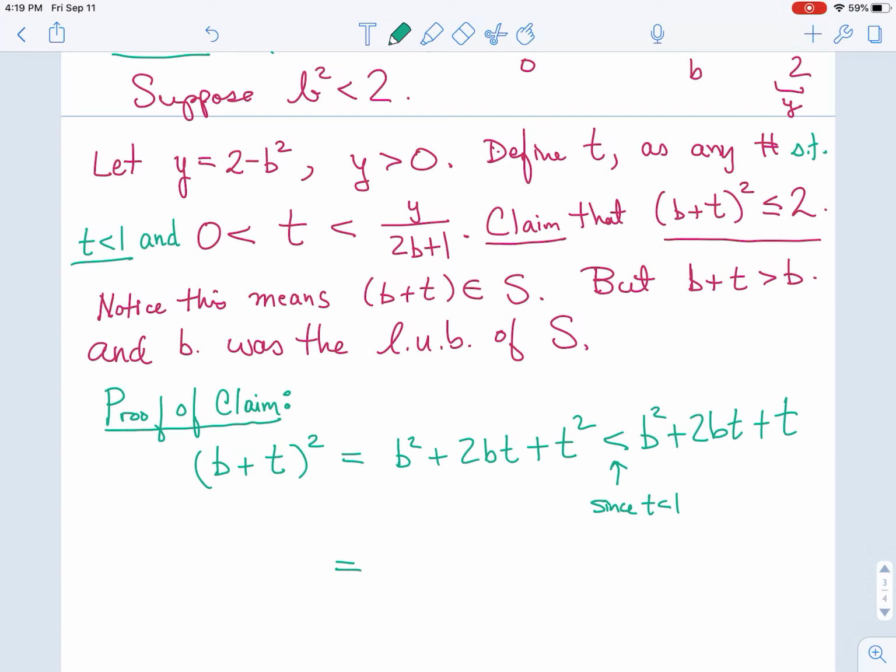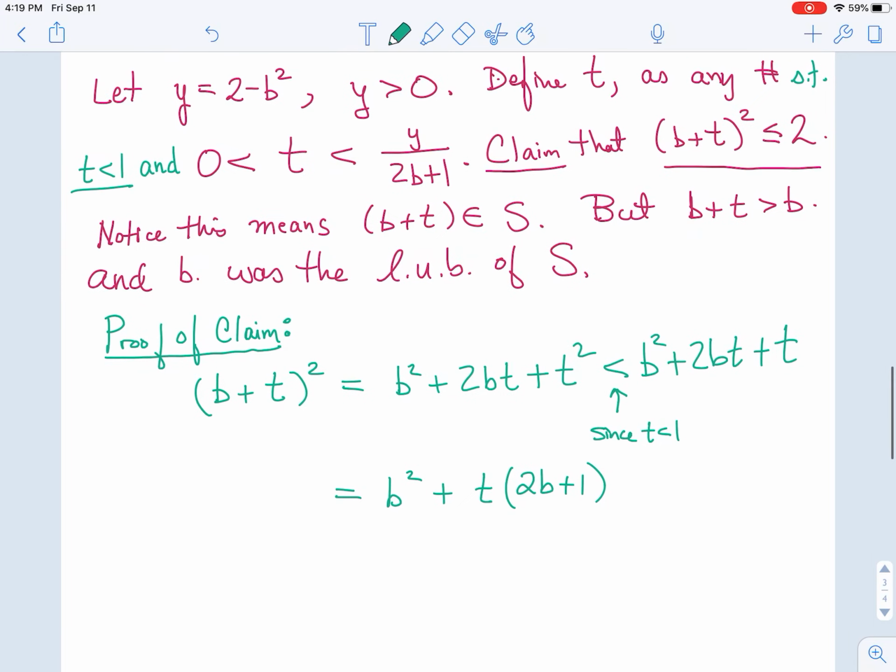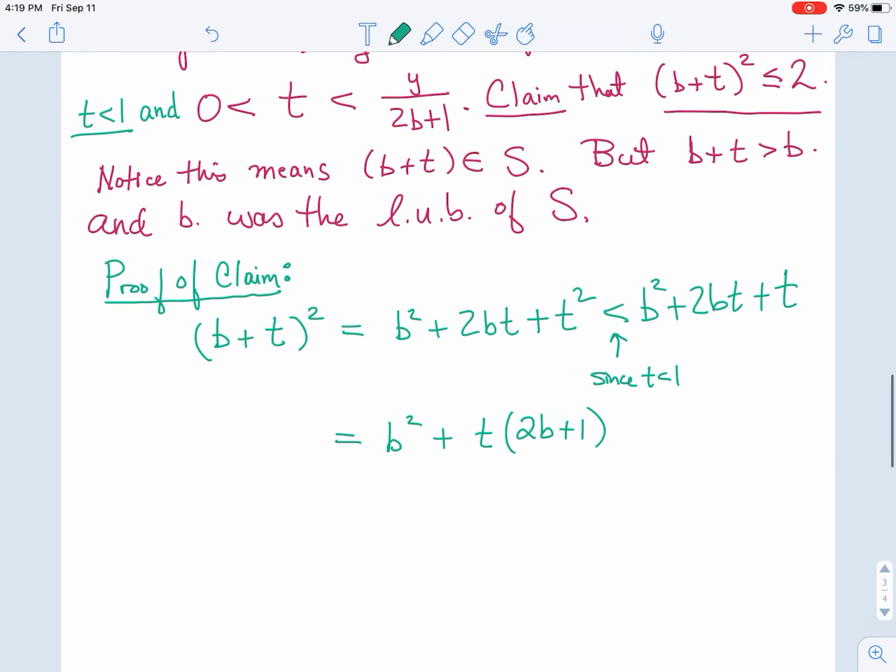Now I'm going to look at that. This is now equal to b squared plus t times 2b plus 1. Okay, I just rewrote that and factored it. And now what do I know about t?